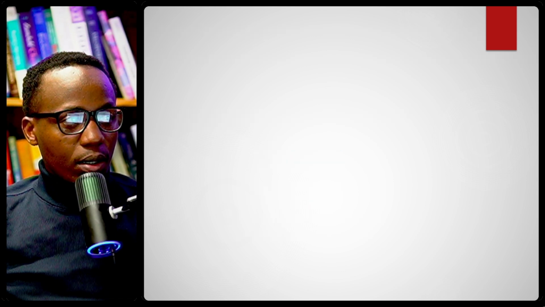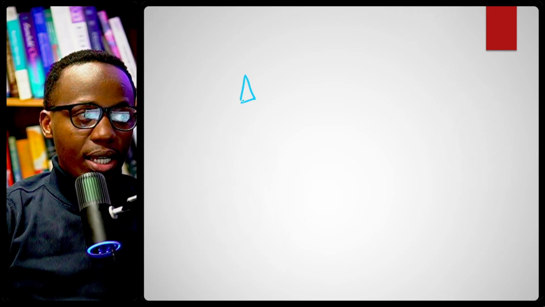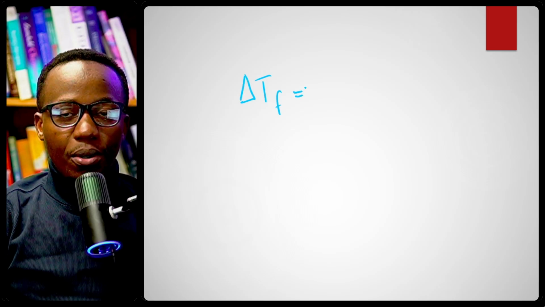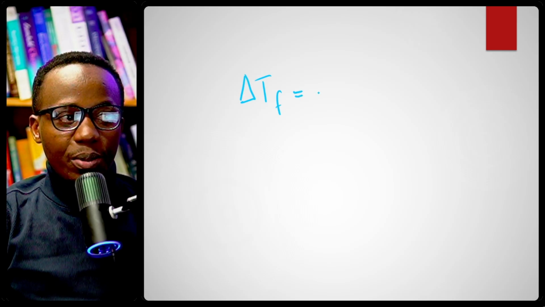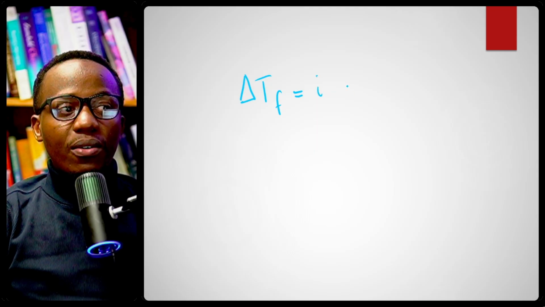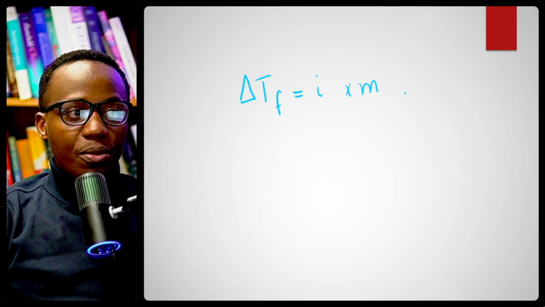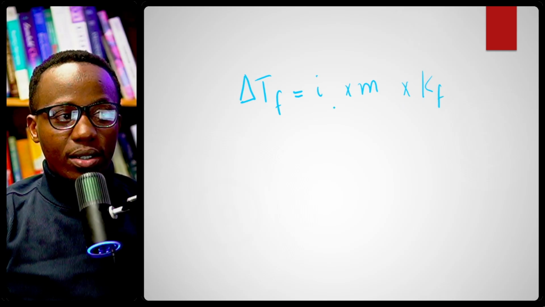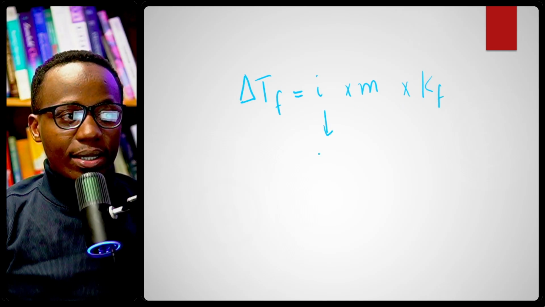So again, delta Tf, or the change in freezing point, is going to be equal to i, which is the number of ions, times M, which is the molarity, times Kf, which is a constant. So i is the number of particles.